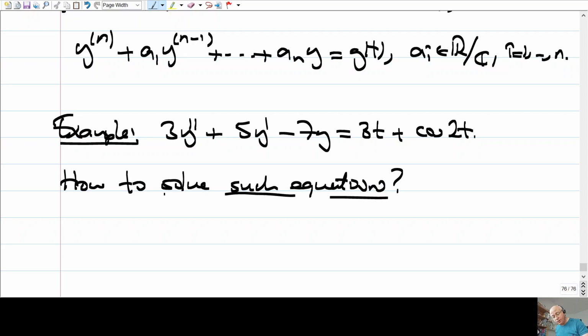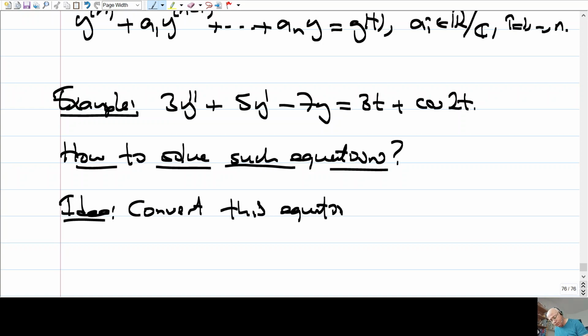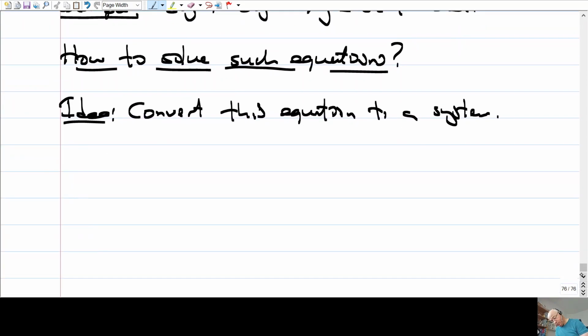Well, we will consider systems. So we will convert this into a system. So the idea is to convert this equation to a system. Okay. How? We will do as follows.